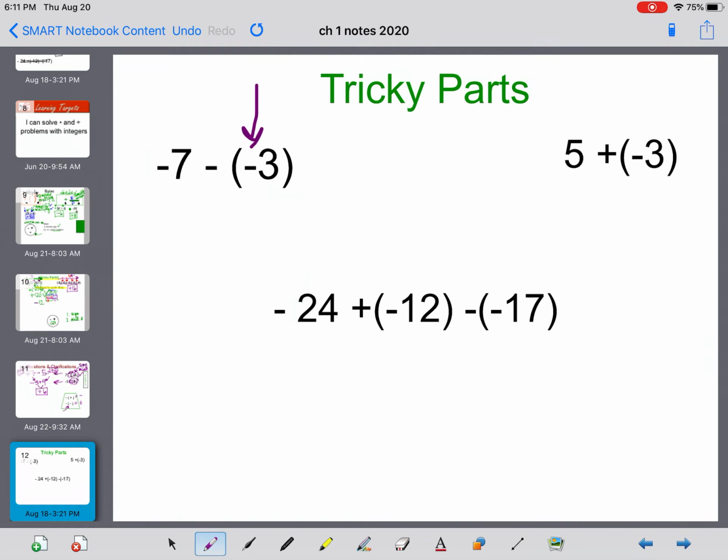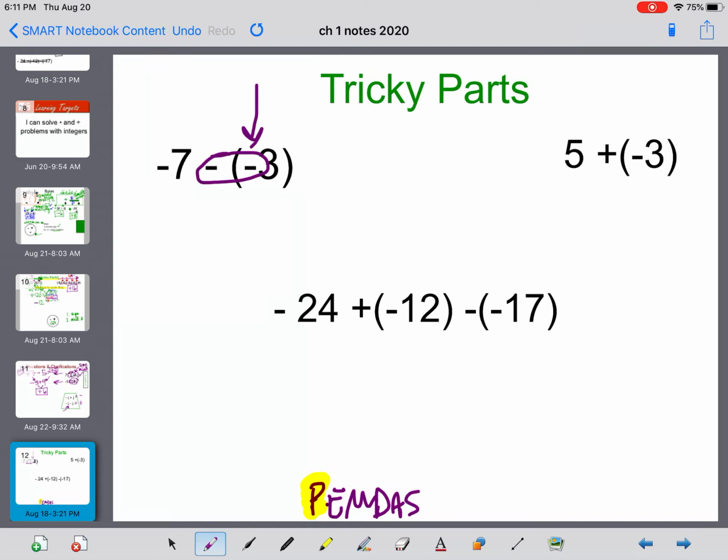Whenever I see parentheses, I always look there first, because in my order of operations, remember PEMDAS, it says that I should do parentheses first. So I always look at the parentheses. And the parentheses here, oh, here's one of my double signs out in front.